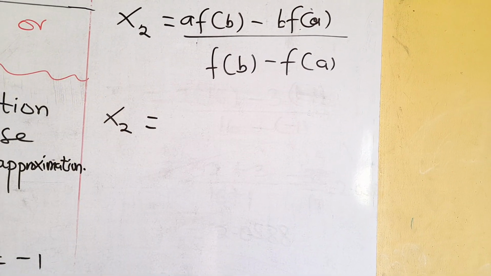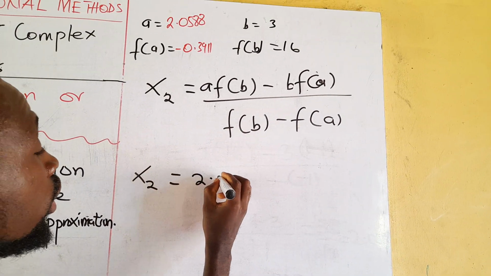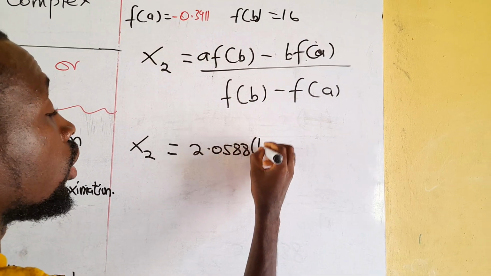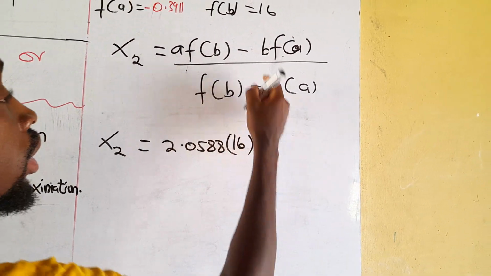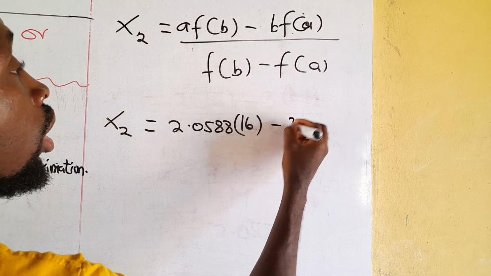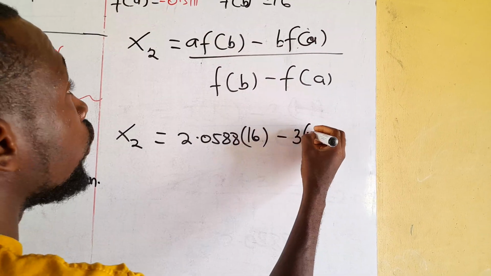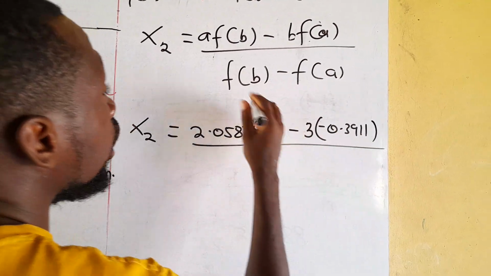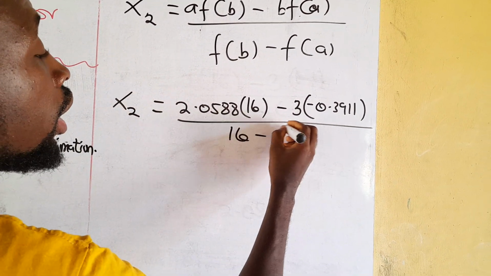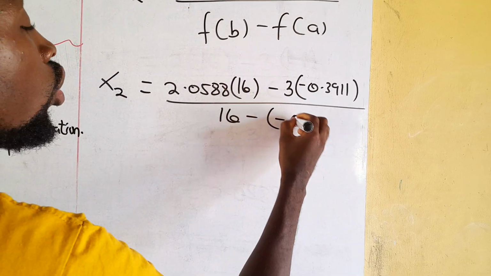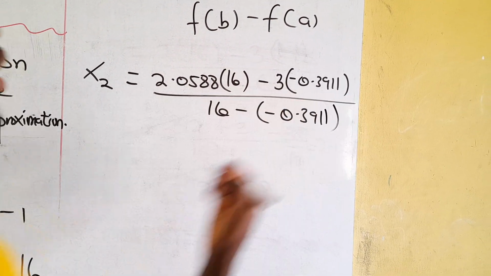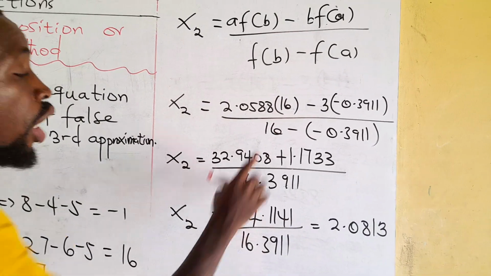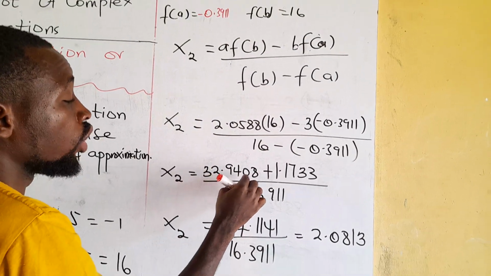So now we find our second approximation, x2. Our x2 will be equal to, our A is 2.0588, f of B is 16, so times 16, then minus the B, which is 3, times our f of A, which is -0.3911, all over f of B, which is 16, minus our f of A now, which is -0.3911. When we simplify, 16 multiplied by 2.0588, we get 32.9408.